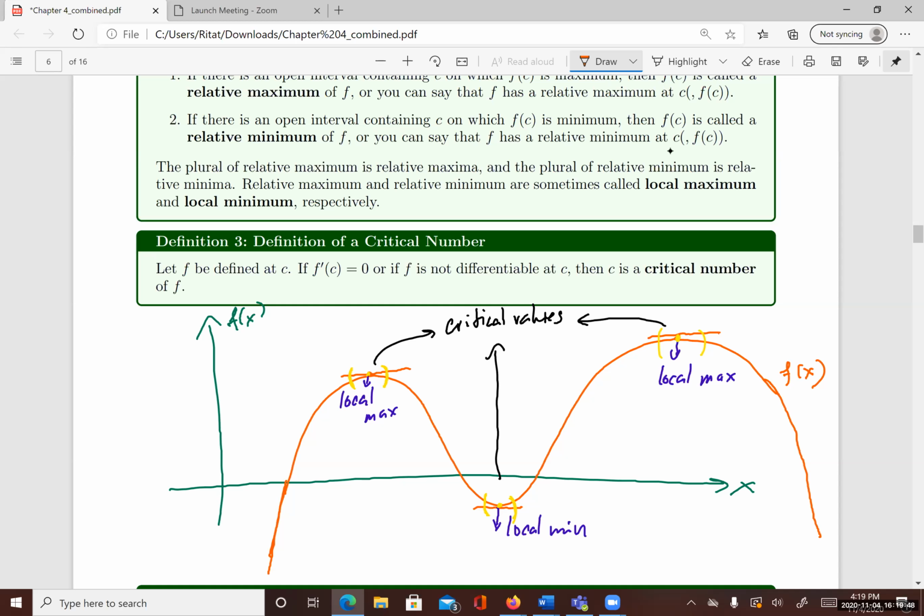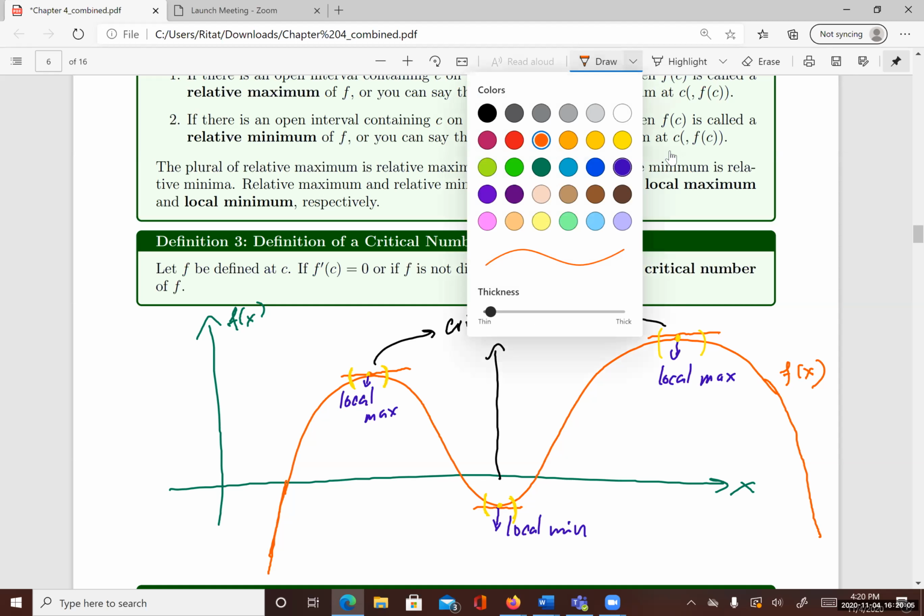That means we found the 3 local extrema, the 3 local maximum or minimum values, but do we have any absolute maximum value and or absolute minimum value? So that's a question that we would like to answer.